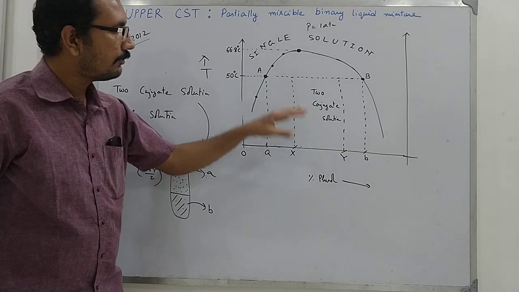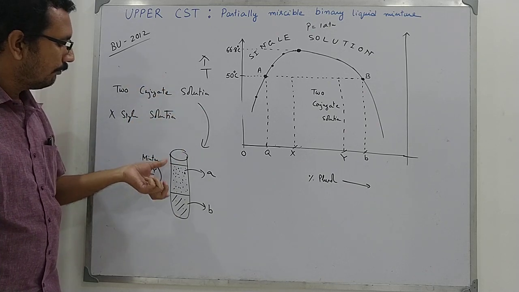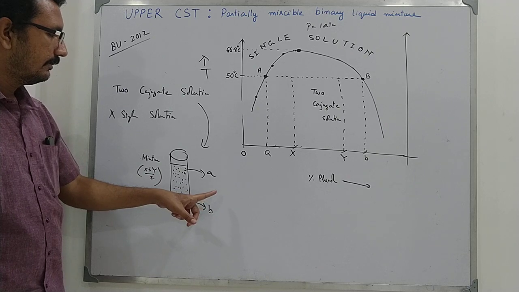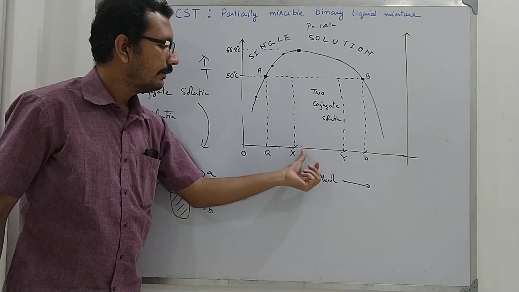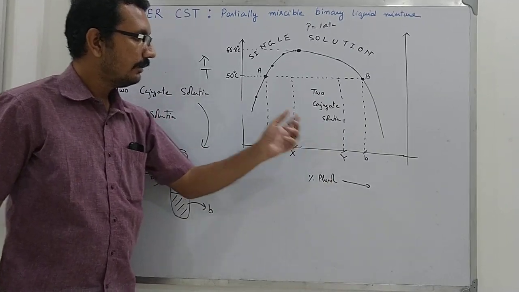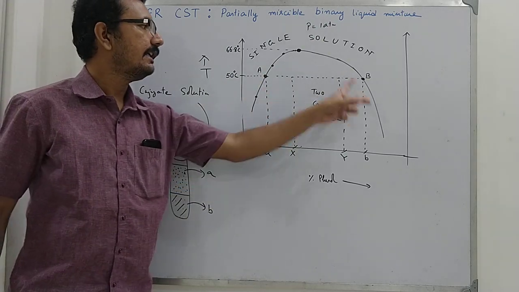So the two conjugate solutions which are obtained after mixing thoroughly and settling will have composition corresponding to B and A respectively. The mixture will have percentage phenol in between A and B, but the two layers that are formed will have composition corresponding to A and B.